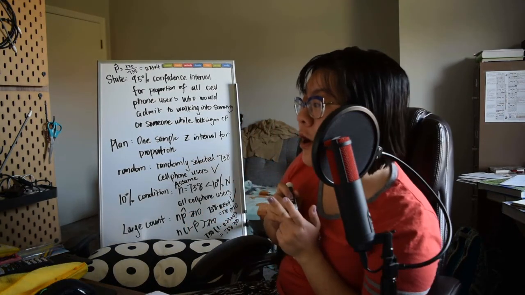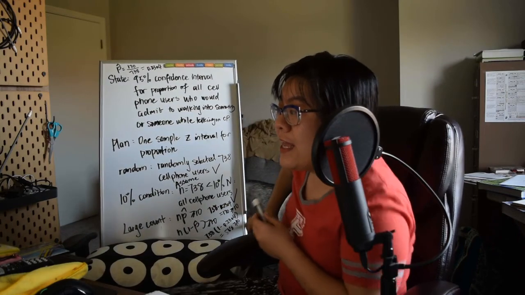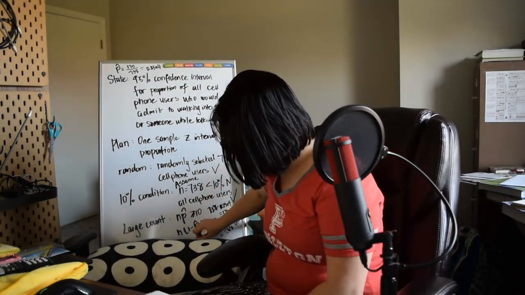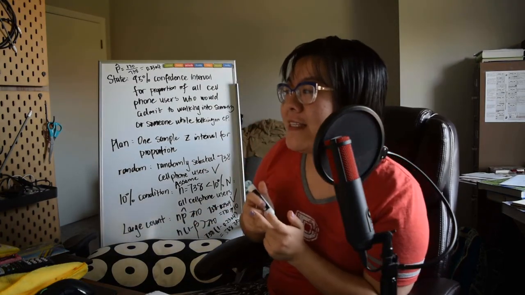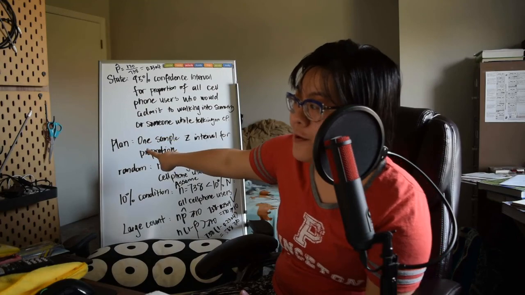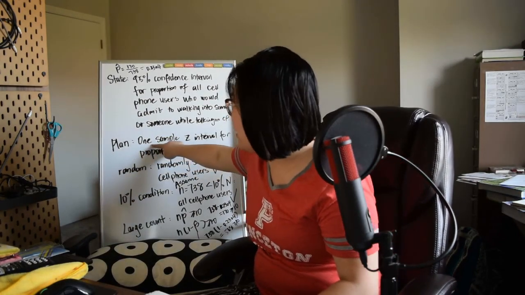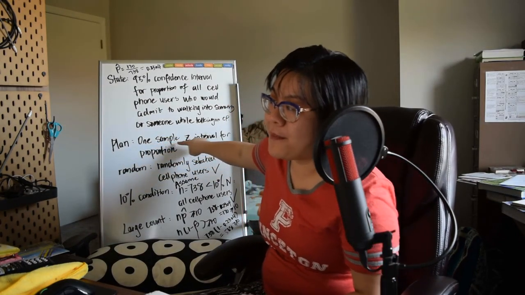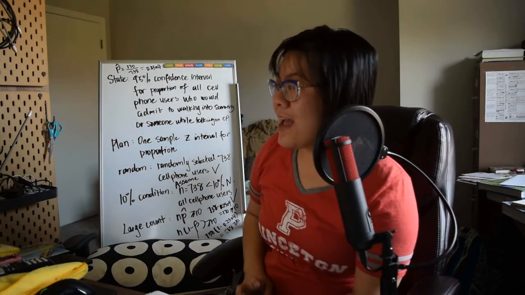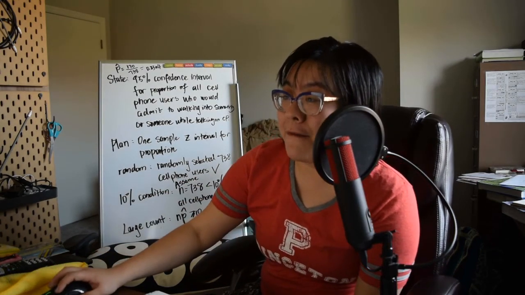This number is also greater than or equal to 10. Therefore, our large count condition also checks. So this is all you need to do in the plan step. You need to find what inference you're gonna use, one sample z interval for proportion, and then you check the conditions for these three. All right, so these are my first two steps, state and plan.